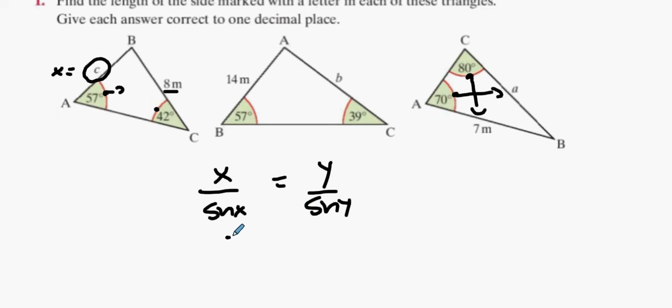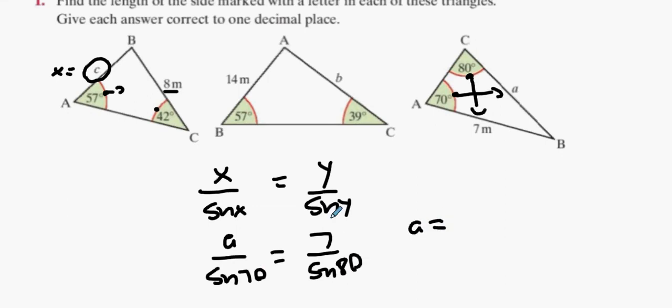A over sine 70 equals 7 over sine 80, and then A on its own, bring the sine 70 up beside the 7, 7 sine 70 all over sine 80.